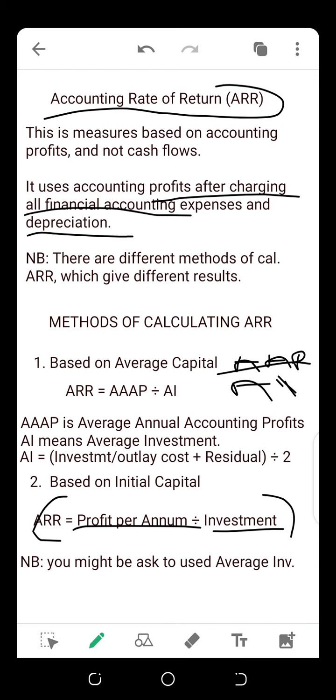Average investment. And our average investment is initial capital plus residual divided by 2. It has been stated there. So let's take the solution. You can always flip back to go and check the formula.